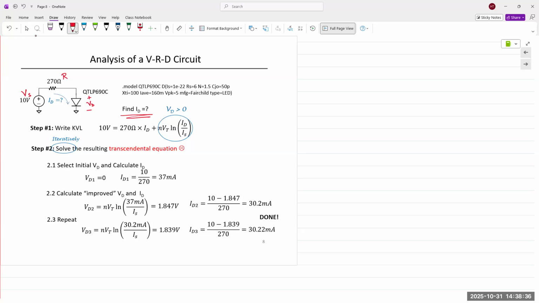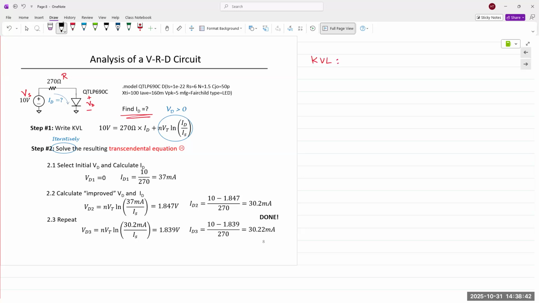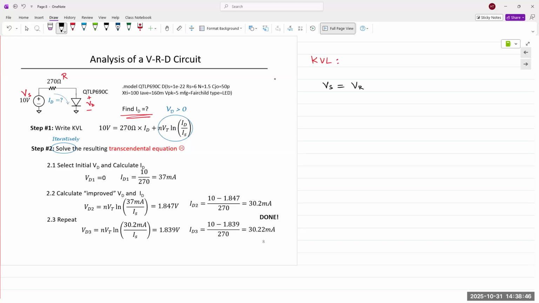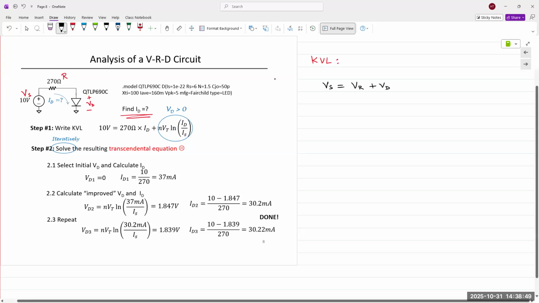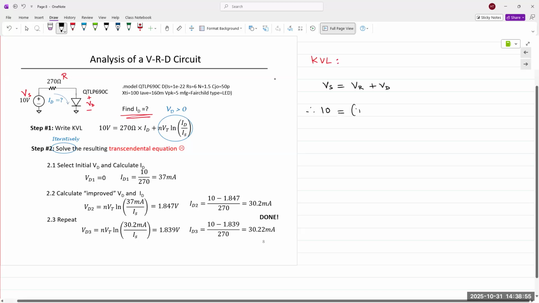Okay. So we apply KVL to generate our equation. When we apply KVL, we obtain Vs is equal to VR plus Vd. Vs is 10 volts. VR is ID times 270.